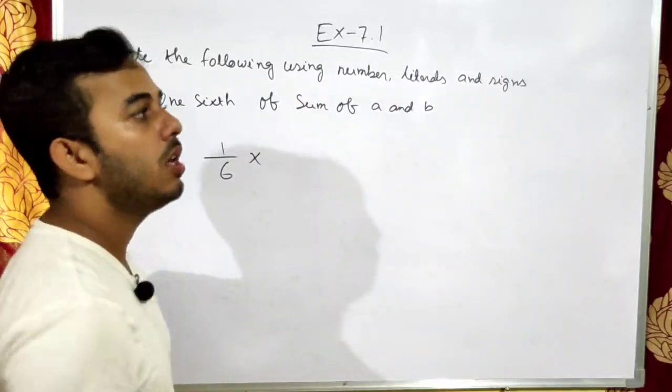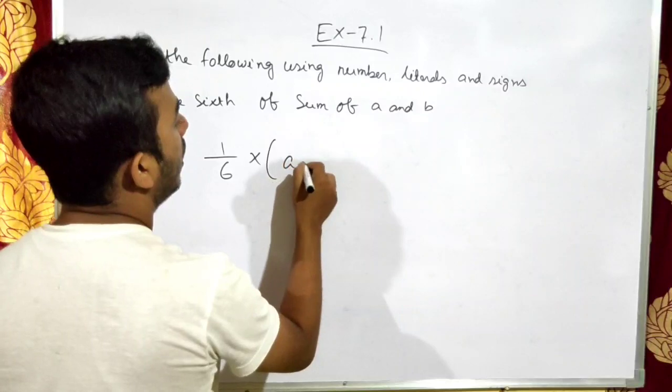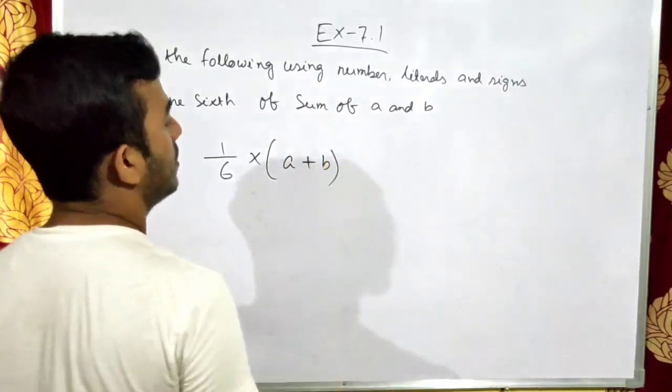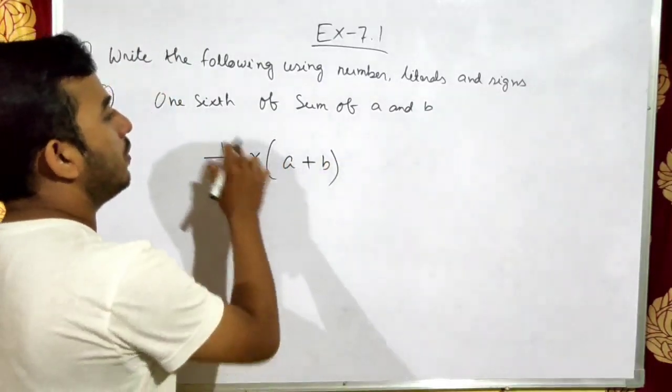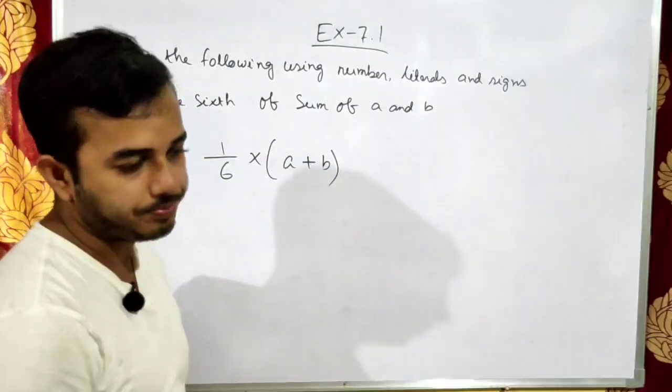Sum means plus, so sum of a and b means a plus b. Finish. So this is the expression of this statement.